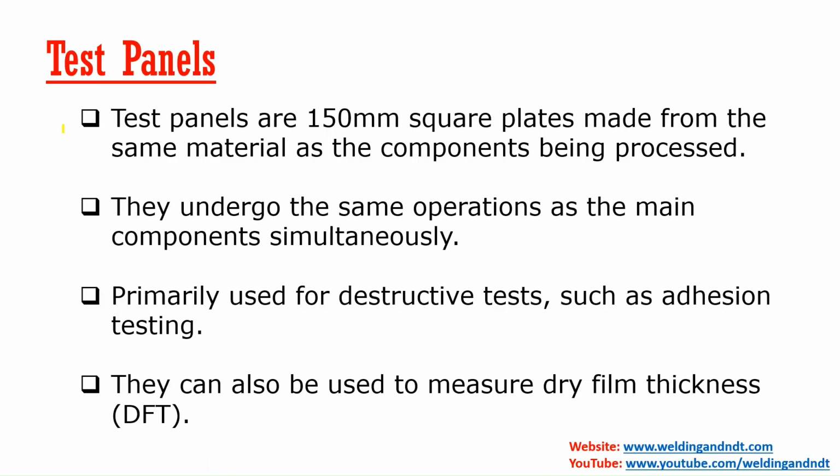Now we'll understand how test panels are used to determine the DFT. In test panels, a separate 150 square plate is made, and this plate is made from the same material from which the actual component has been manufactured. The dimension of the plate will be 150 by 150, and this plate will undergo exactly the same operation as the main components.